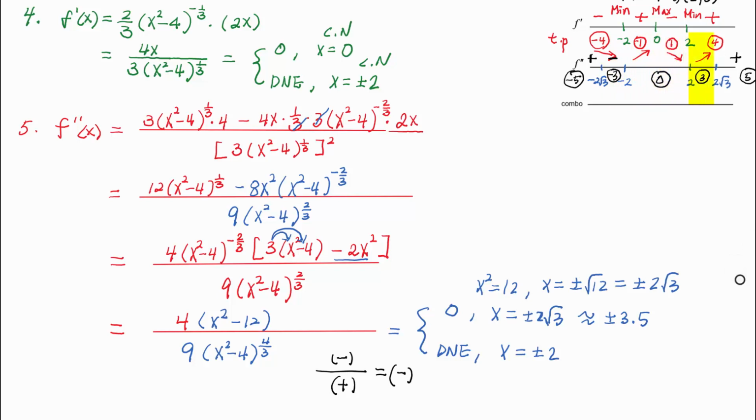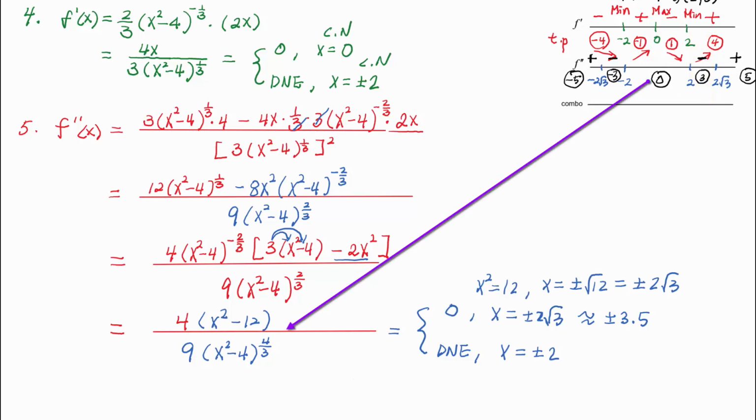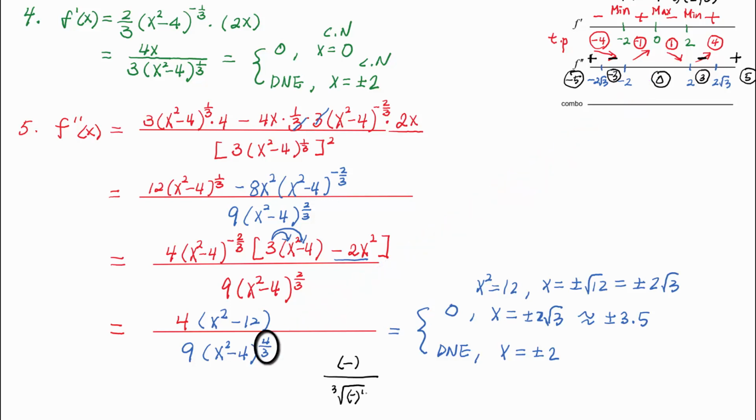So this interval is going to be negative also. And now, lastly, let's test 0. 0 squared minus 12 is negative, over 0 squared minus 4 is a negative number, but the cube root of a negative number to the fourth power is going to be positive. So this quotient is negative.